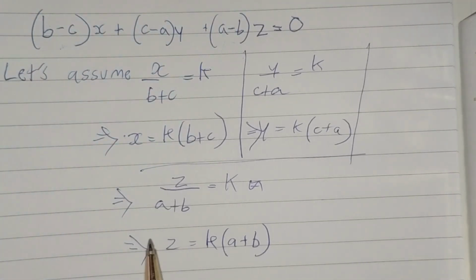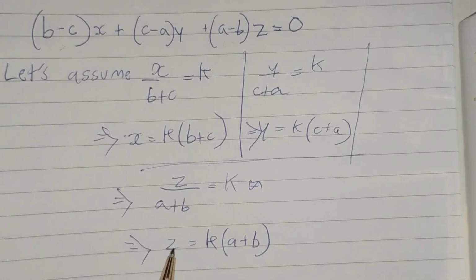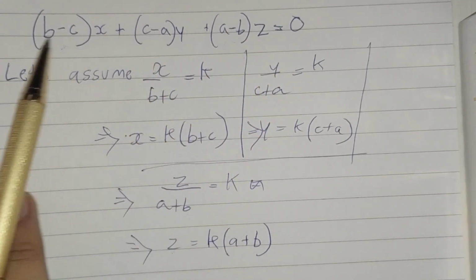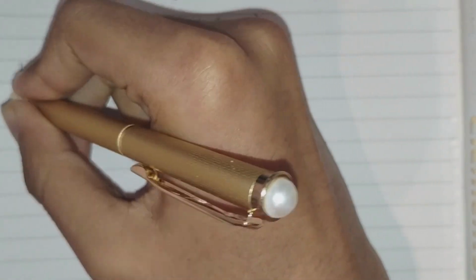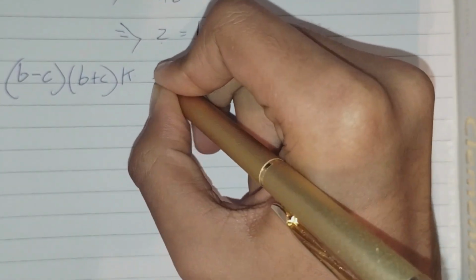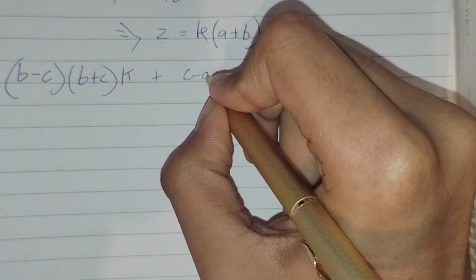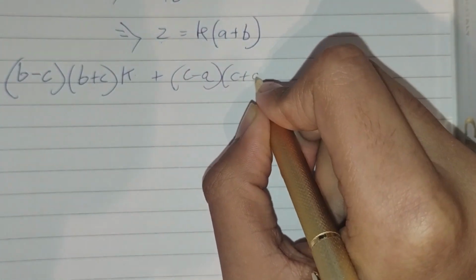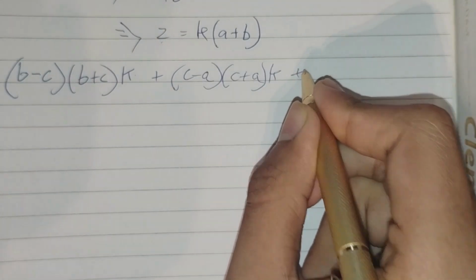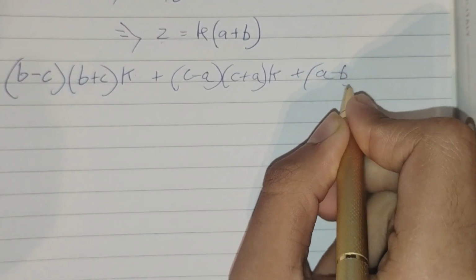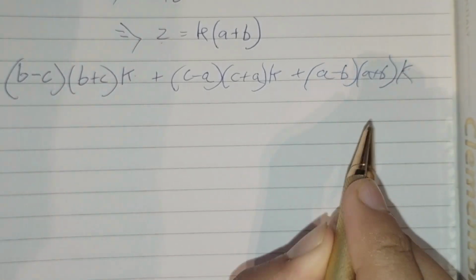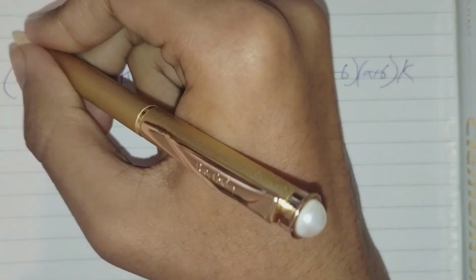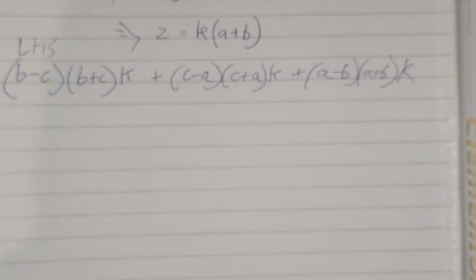And so with this information, let's just substitute each of these variables in the main equation. Okay, so this is our LHS.